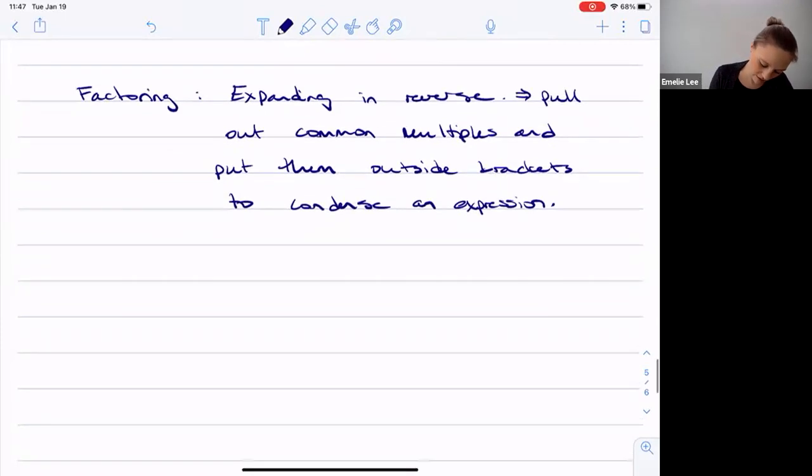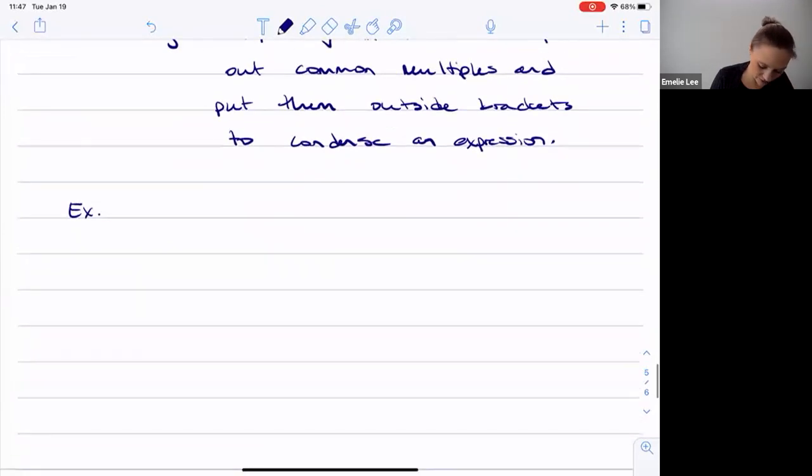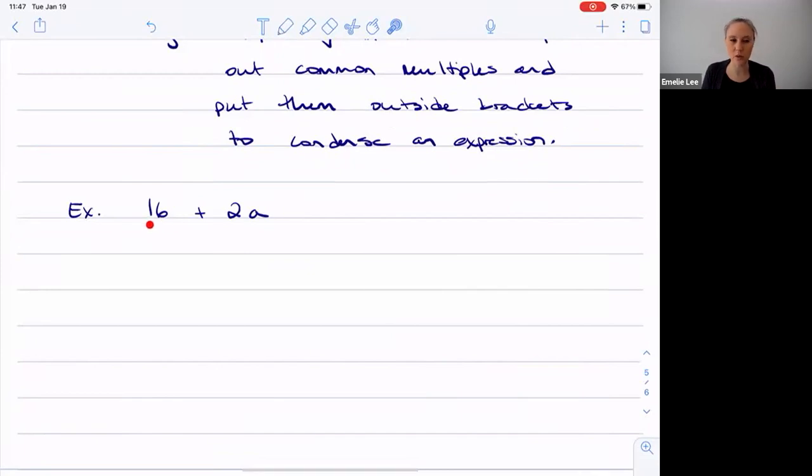For example, if you have 16 plus 2a and you have to factor this, well, there's no a that I could pull out here. So I'm going to focus on this 2.